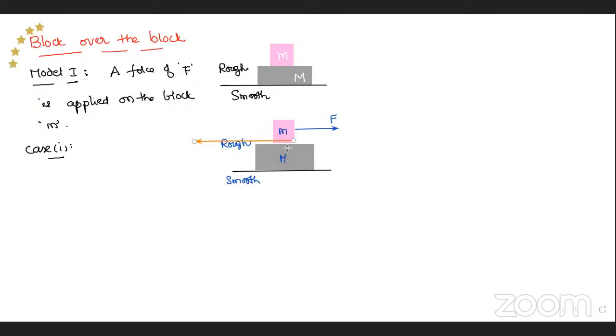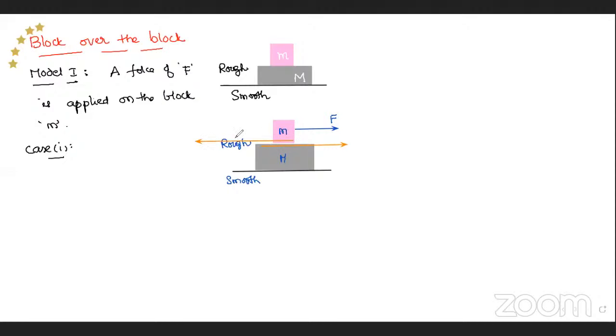Same friction will act on capital M like this. I think no need to explain. Do you want any explanation here, Nana, in the free body diagram, drawing the friction on the two blocks? No, I think all of you know it.